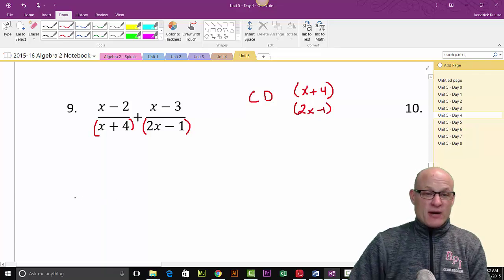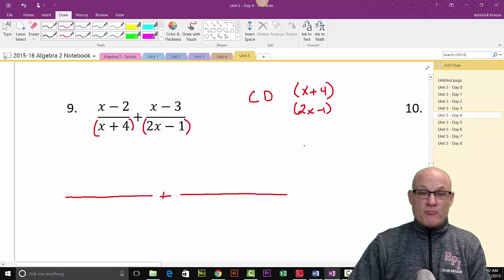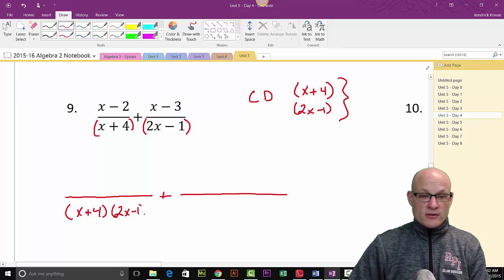So that means my lowest common denominator is both of these things. x plus 4, 2x minus 1. x plus 4, 2x minus 1.